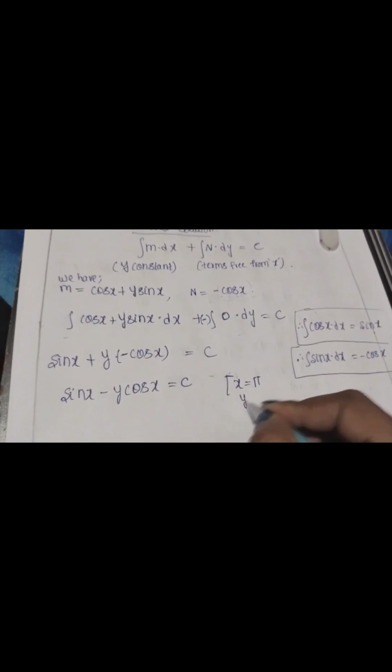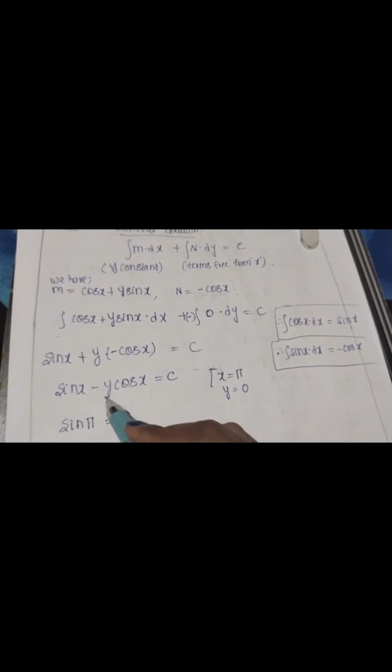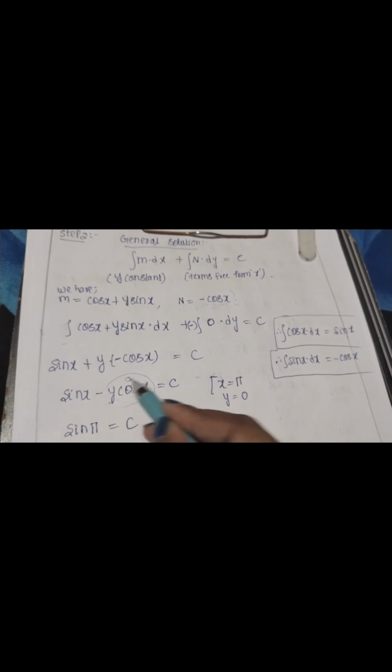So now this question has a condition. The condition is y equals 0 when x equals pi. Let's substitute y equals 0 and x equals pi in this equation. So sin pi is equal to c, as this whole term becomes 0.